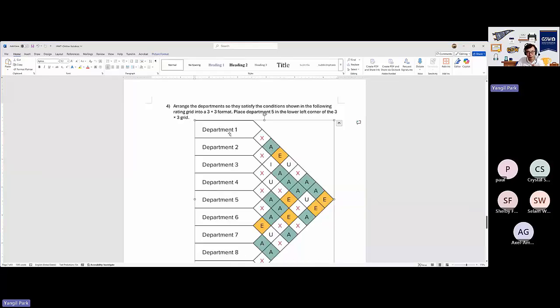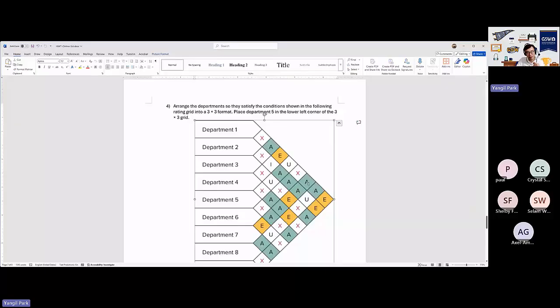Between department 1 and 3 is A, right? So it must be close. Department 1 to 4 is E, especially important. Department 1 and 5 is U, unimportant.